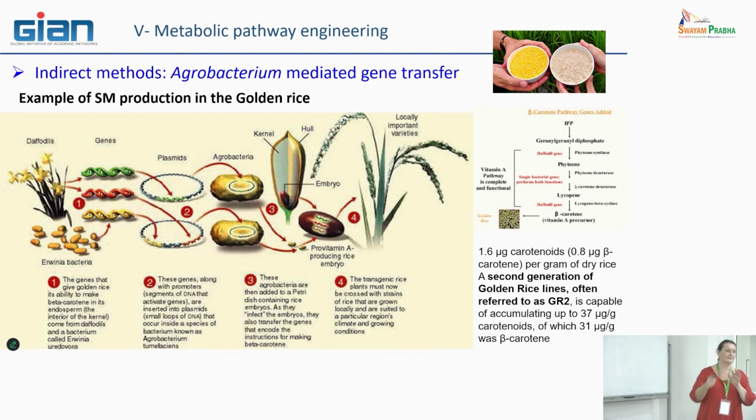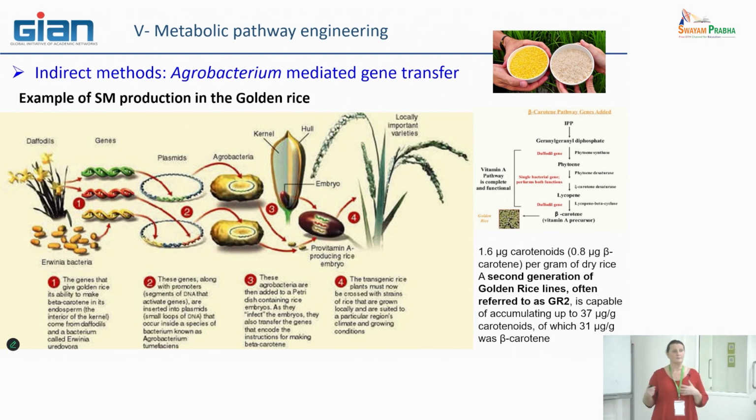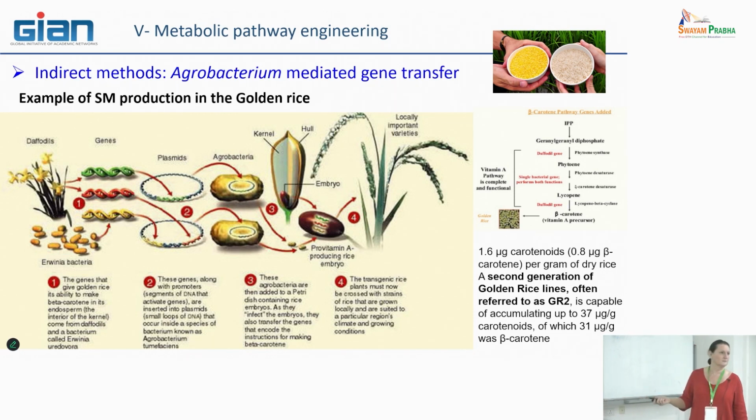So they have acted at different levels in order to have now a golden rice that is able to produce perhaps 3 or 4 times these contents, okay? And also they have introduced iron and other cofactors that are also needed for human health.